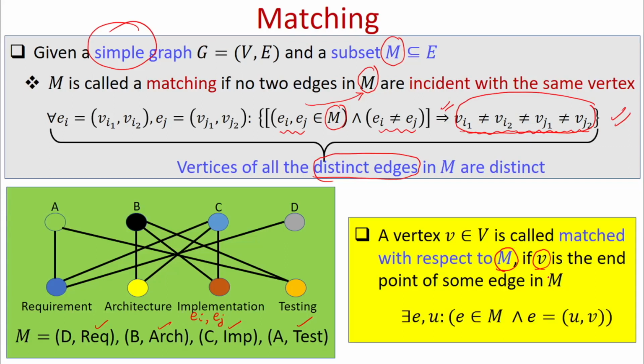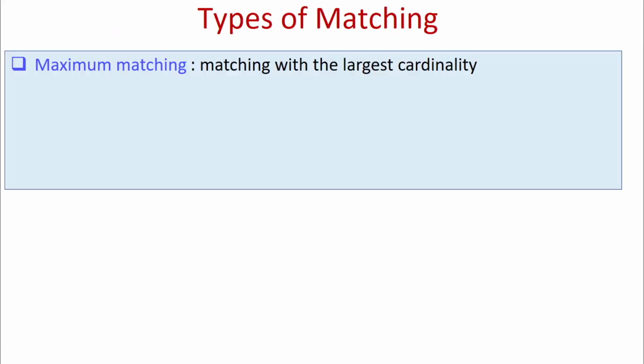Formally, this means that there should exist some edge e and some vertex u such that the edge u comma v is there in my graph, and that edge is nothing but the edge e. If that is the case, then I will say that the vertex v is matched. In fact, the vertex u is also matched with respect to the matching if I have an edge of the form u comma v in my collection of edges M that I have picked.